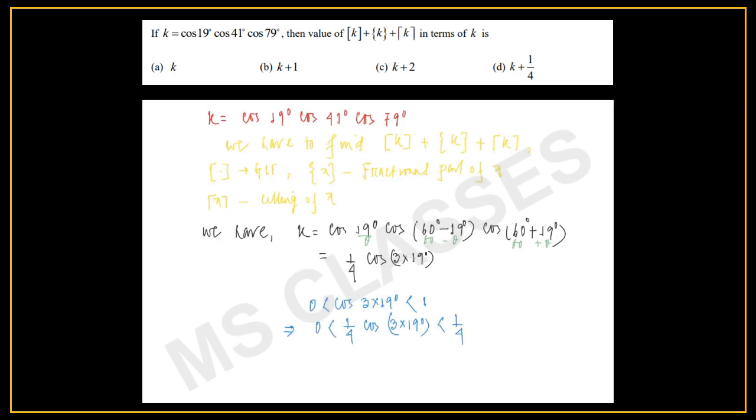So k is less than 1 by 4 and greater than 0. Now floor of k plus fractional part of k plus ceiling of k. Floor of k will give us 0, fractional part of k will be k only, and ceiling of k will be 1. So that gives us k plus 1 as a result.